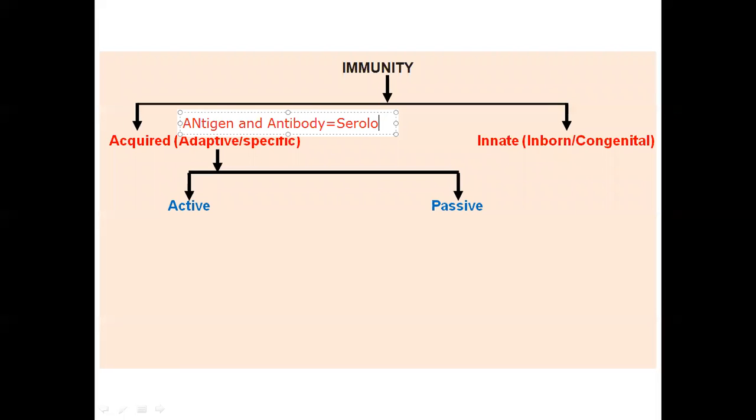Acquired immunity is that immunity that depends on fighting against the antigen with the help of antibodies. The main part is antibodies. The production of antibodies depends on two different ways. It involves the participation of two different cycles.